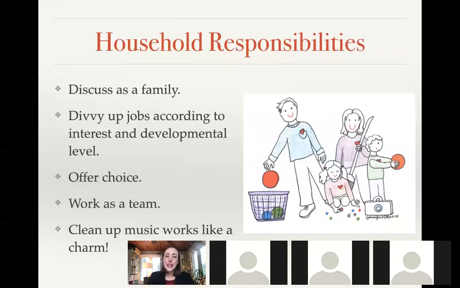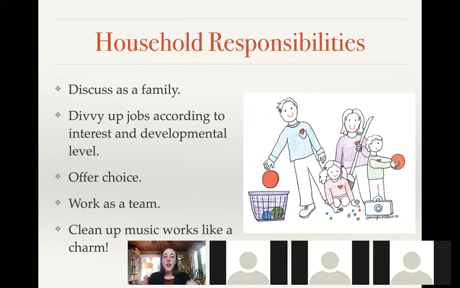Another thing that I like to call out when we as a family are especially home together so often is sharing power. How can we share power in family life? And some of that is involving our children in decision making and allowing them to make choices along with us.